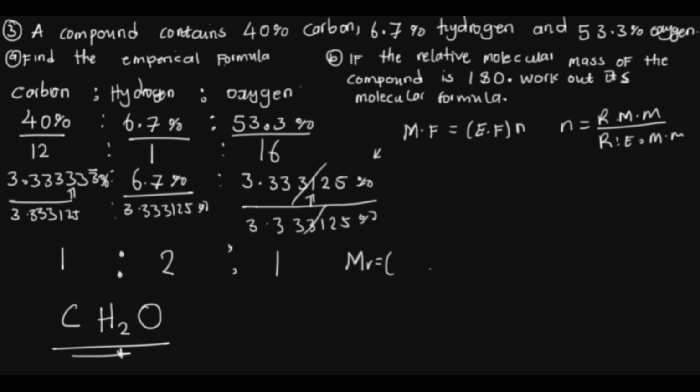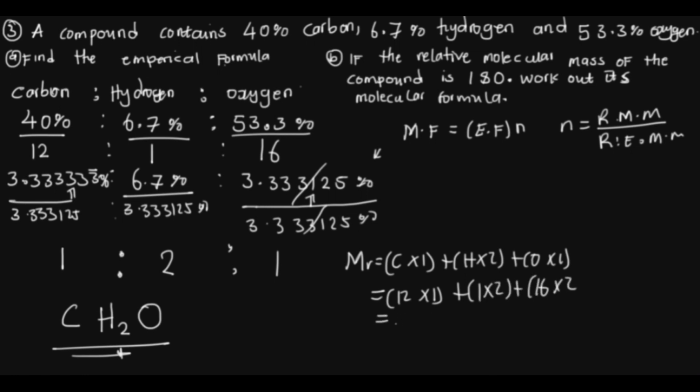Mr is equal to 1 carbon plus 2 hydrogens plus 1 oxygen: 12 times 1, 1 times 2, 16 times 1. So 12 plus 2 plus 16, that is 30. So the relative empirical formula mass is 30.